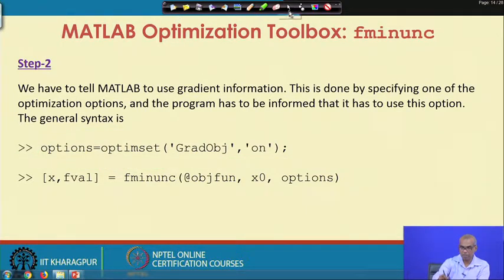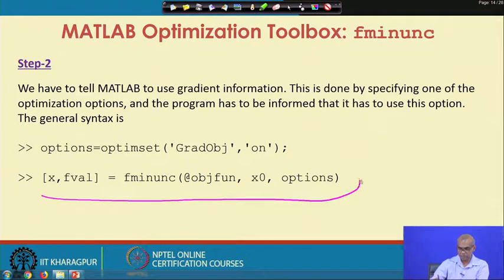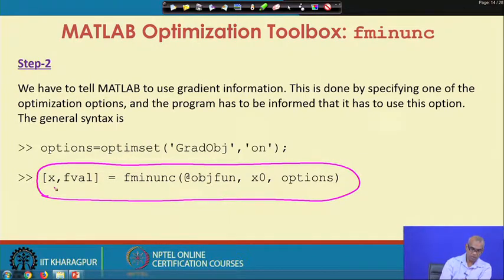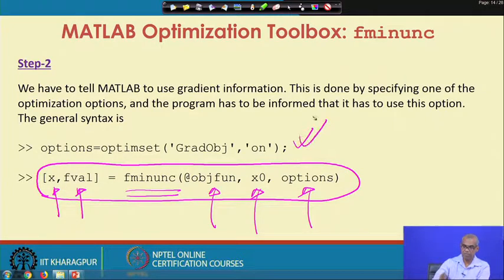You are already familiar with the basic syntax, which is x, fval equal to the solver name, then the arguments: the first argument is the name of the function file where you have written the objective function as well as the gradient. The second argument is the vector having the initial guess, and the third is the options where you have given the option of using gradient information.